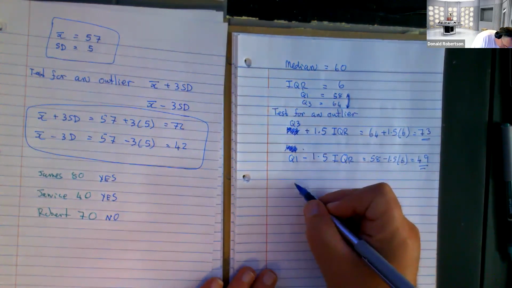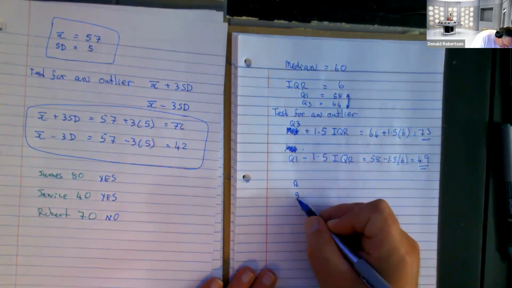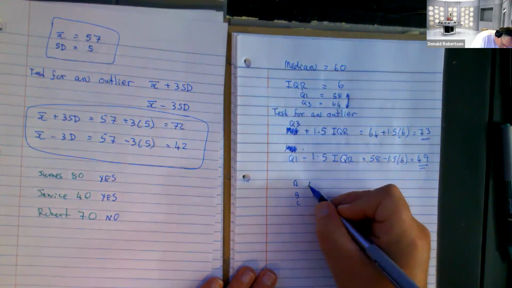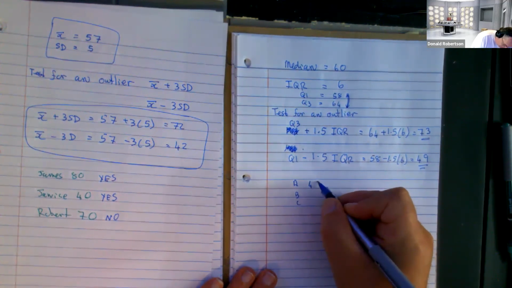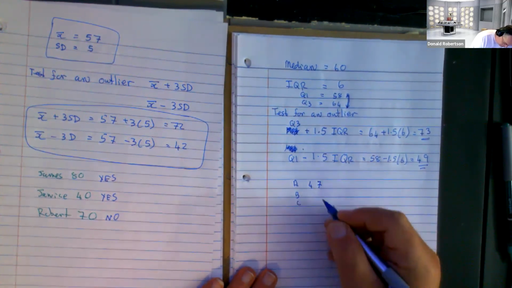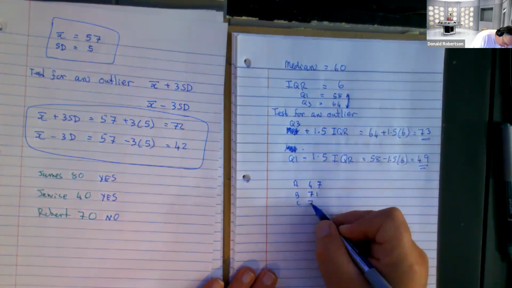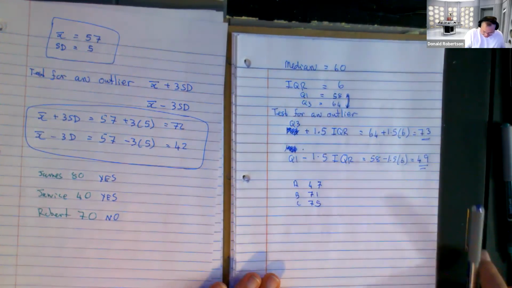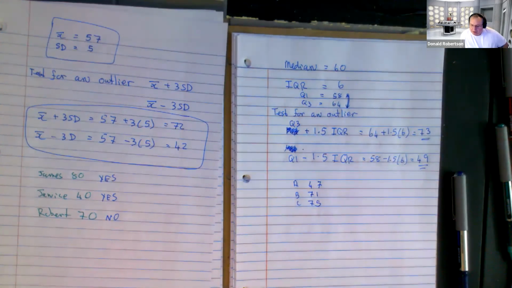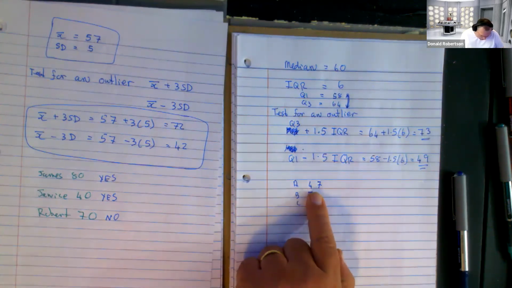So we have 3 people, I'll call them A, B, C. One of them is 47 inches tall. One is 71 inches tall, and the other is 75 inches tall. So here are 3 students at this particular team. 47 inches.